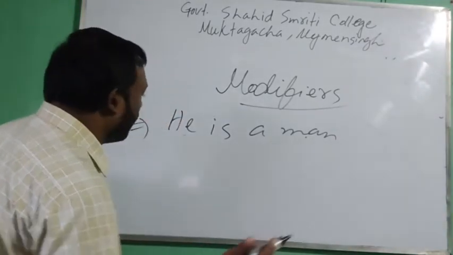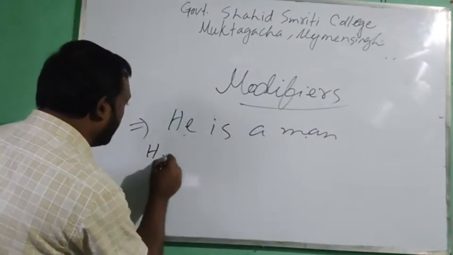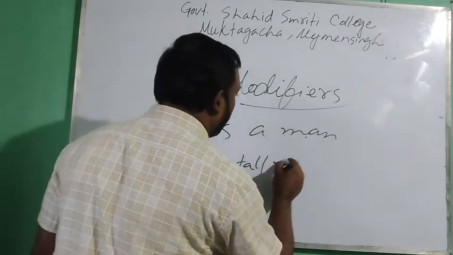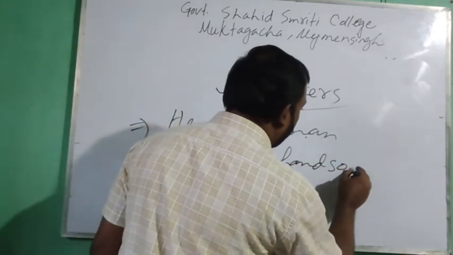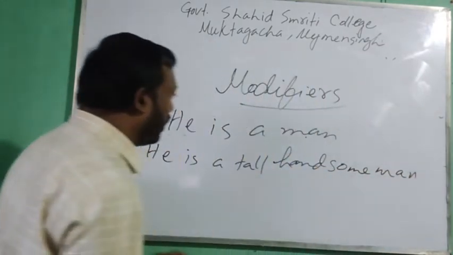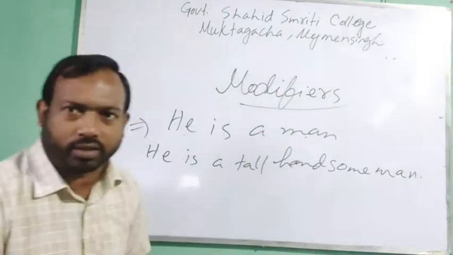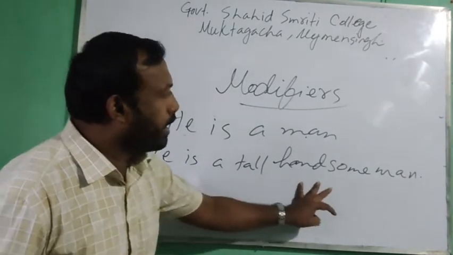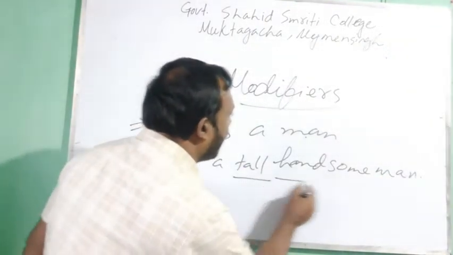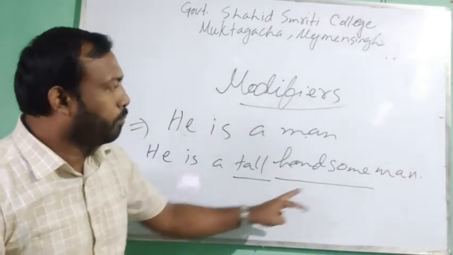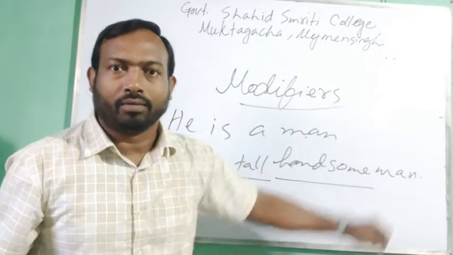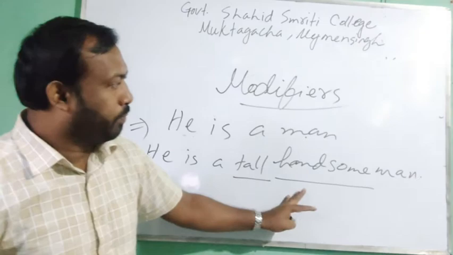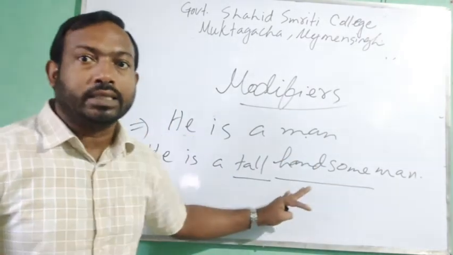So if we write it like this: he is a tall, handsome man. Here it becomes a bit clearer than the first one. Here, tall and handsome, these two words modify the noun man. And these two words have been put before the noun man, so these are pre-modifiers.